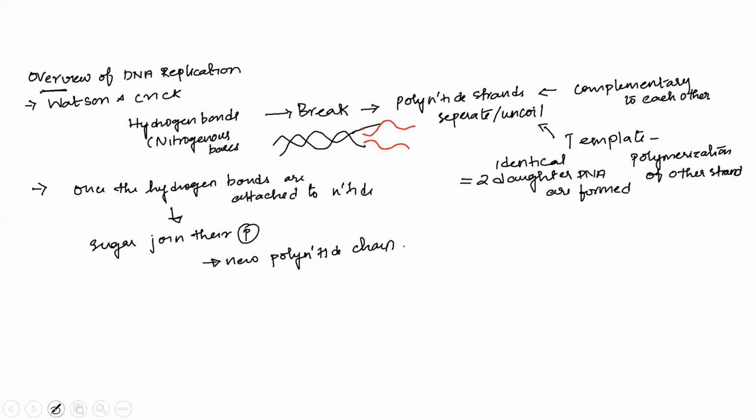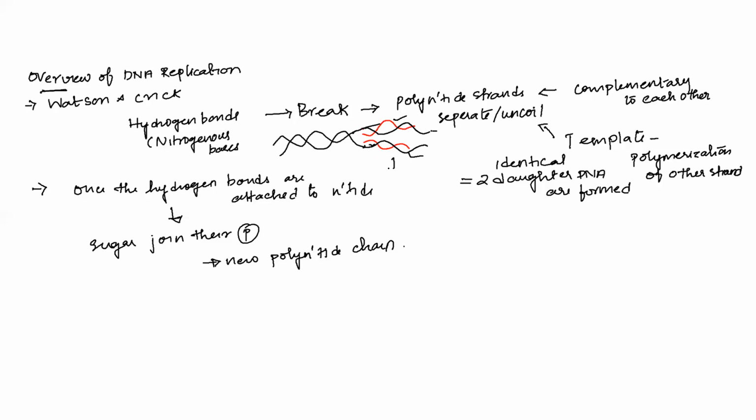Let me just join these two. So this is how it is going to look, right? The two strands are getting separated because the hydrogen bonds are getting broken here, and this parental strand is going to act as the template for the synthesis of this daughter strand. And similarly here, this strand is going to act as the template for the synthesis of this daughter strand.